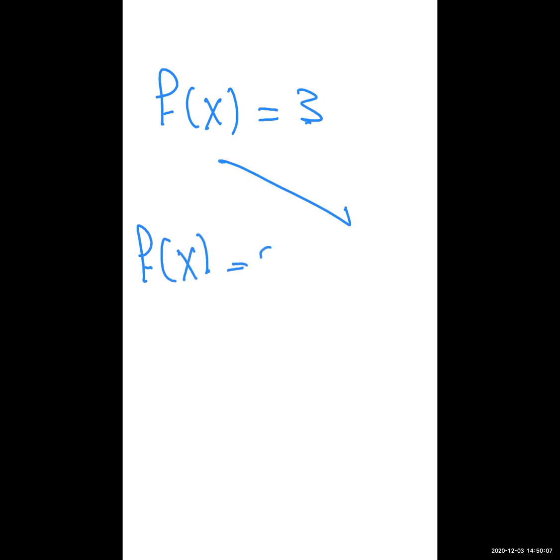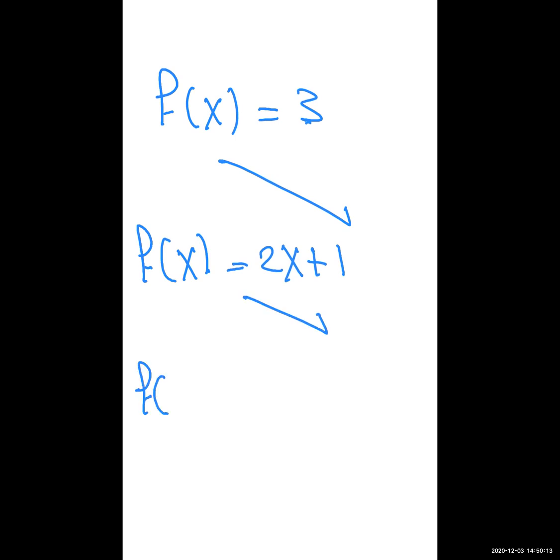So I will give you some examples. If f of x equals 3, this is a polynomial. If f of x equals 2x plus 1, this is a polynomial.